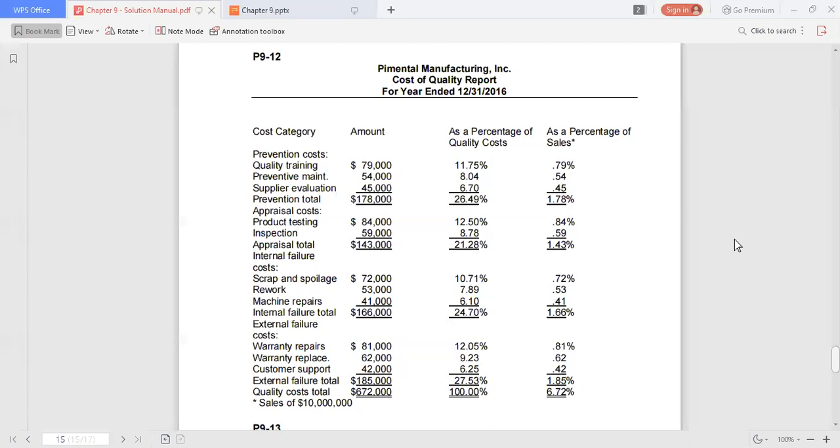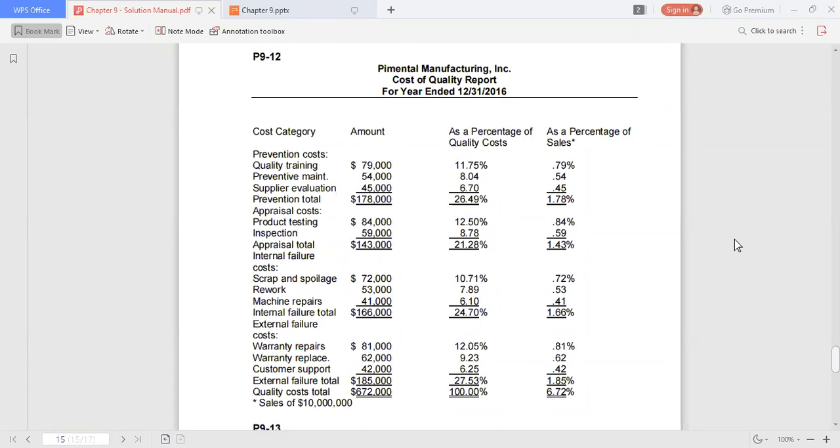So all in all, prevention cost includes quality training, preventive maintenance, supplier evaluation, and the total. Appraisal cost includes product testing and inspection. And the total internal failure cost includes scrap and spoilage, rework, machine repairs. And external failure cost includes warranty repairs, warranty replacement, customer support.